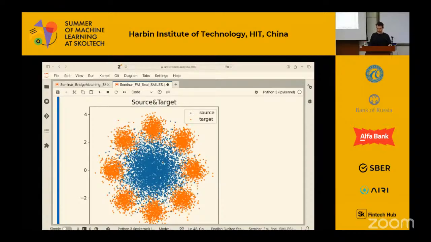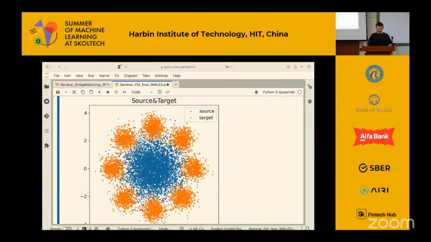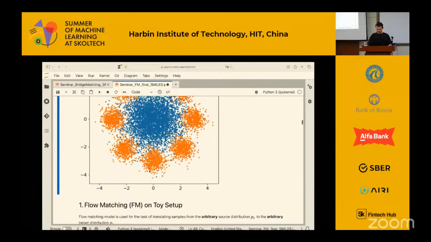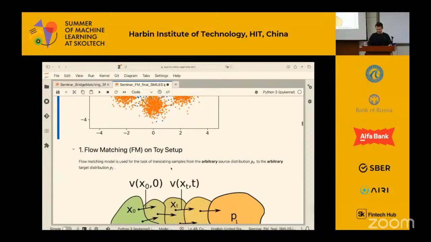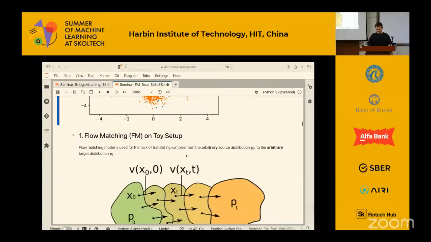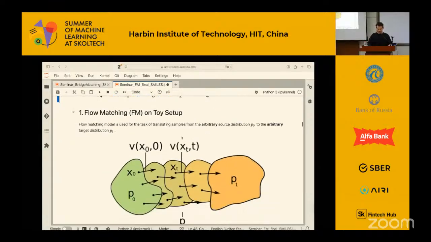You can see these 8 Gaussians, which are orange, which will be the target distribution that we want to fit our flow matching to, and the source distribution, which is just this one Gaussian that we will start our flow matching from. This is just a toy problem, good to benchmark flow matching on.